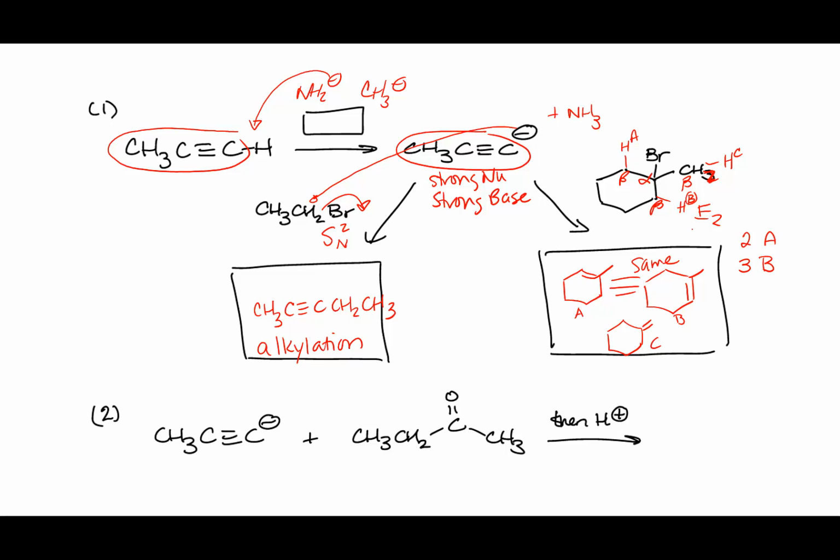So the question is, is that a sterically hindered base or not? Well, the carbon-carbon triple bond is linear. Okay, so that means that if I did have any steric hindrance, it would have to be in this part of the molecule. It'd have to be way over here. And it's unlikely that if it was sterically hindered way over there, that it would make a big difference in terms of forcing the base.